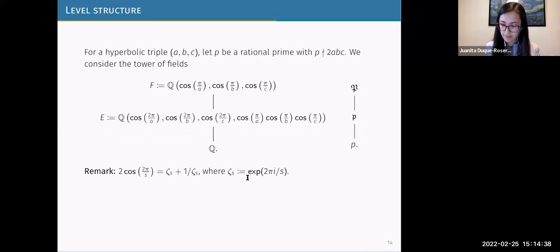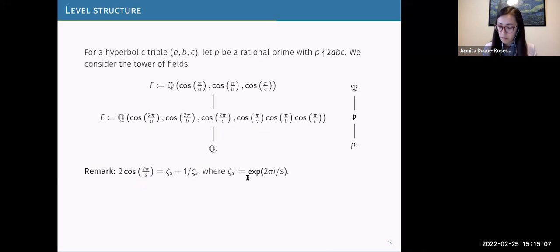So we study these primes, frak P, that live in this number field here. Note that since all the generators are cosines of these kinds of angles, we can rewrite this as a sum of roots of unity. So these fields all live in cyclotomic fields, so they are easier to understand.